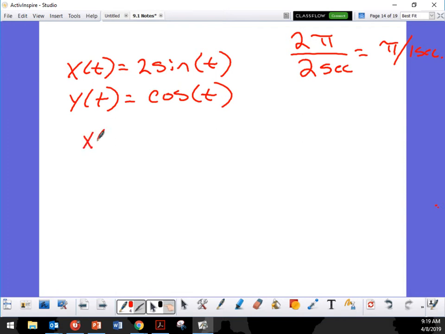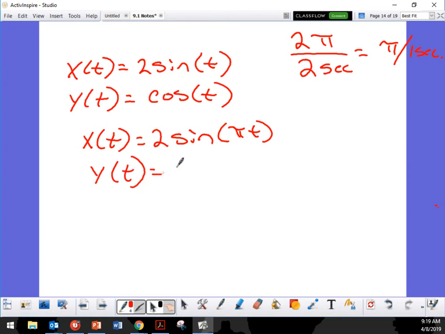So x of t is equal to 2 sine of pi t. Y of t is equal to cosine of pi t, and I'm going to have bounds from there to there. How long does it take to go a whole revolution? 2 seconds.